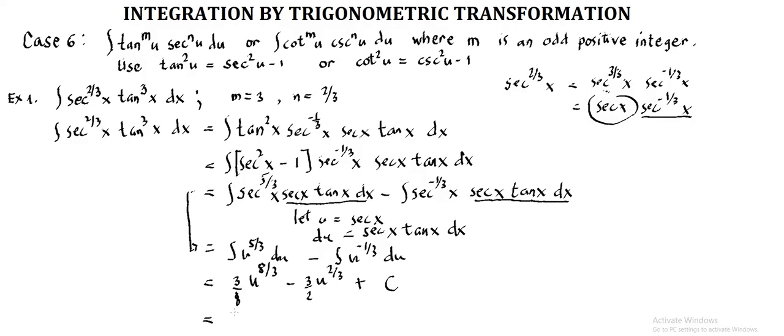So, magkakaroon tayo ng final answer na 3 over 8 secant to the power of 8 over 3 of x minus 3 over 2 secant to the power of 2/3 of x, and then plus c. And this is now our answer: 3/8 secant raised to 8/3 of x minus 3/2 secant to the 2/3 of x plus c.